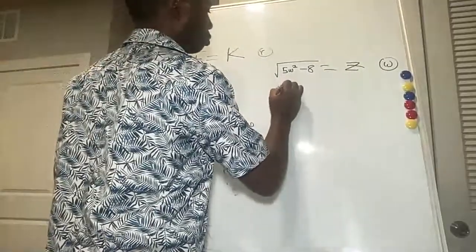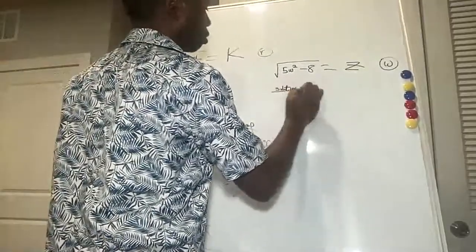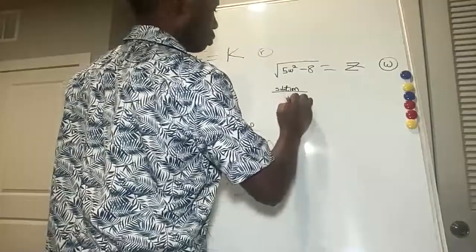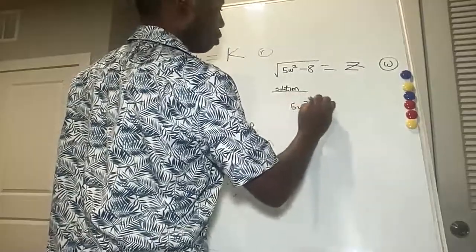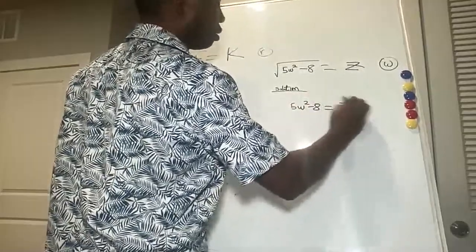Solution. It will now be the square root of 5W squared minus 8 is equal to Z.